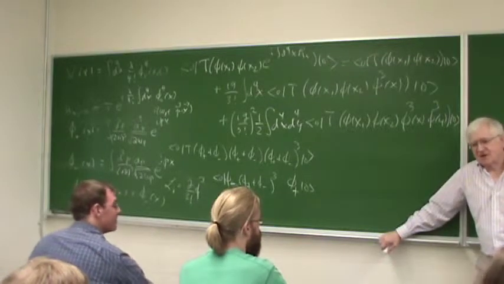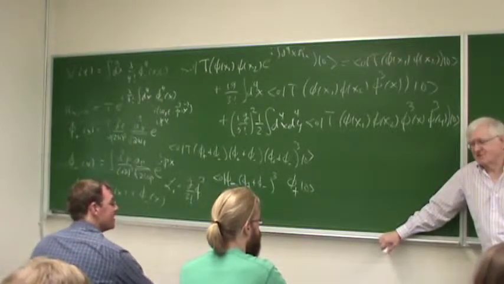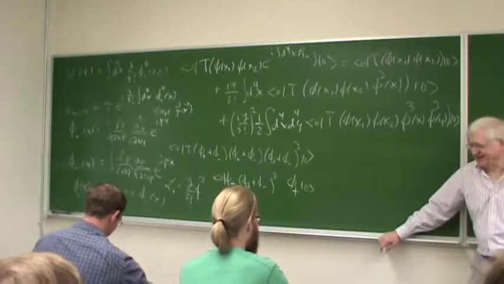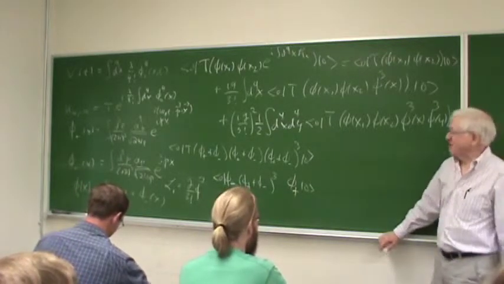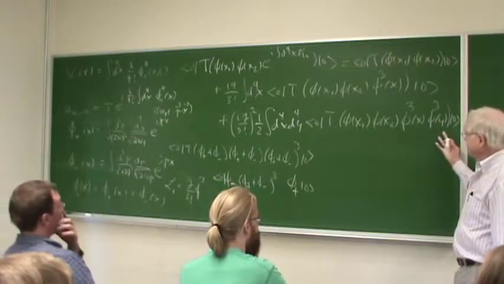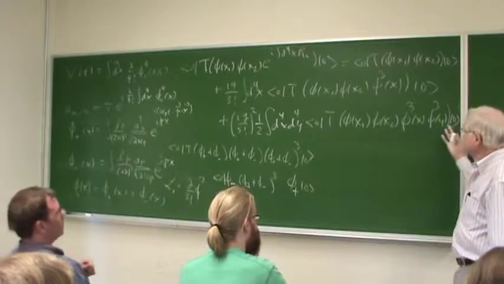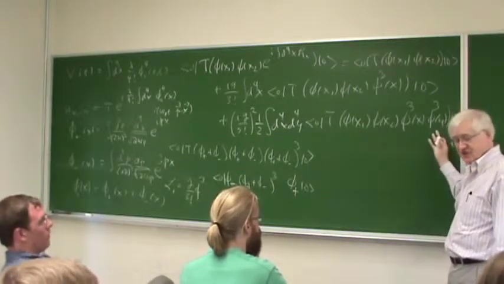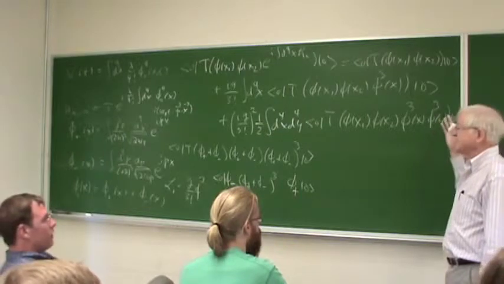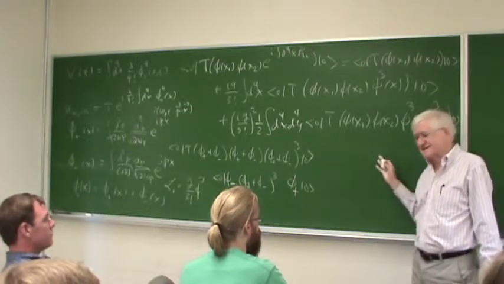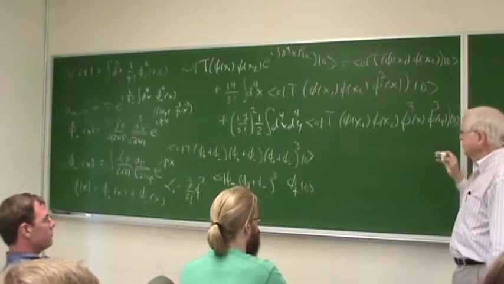I don't understand how Wick is an Italian name though, but in any event, Wick's theorem tells us that you can take a time-ordered product of free fields and write it as a normally ordered product of free fields plus a sum of all possible contractions.